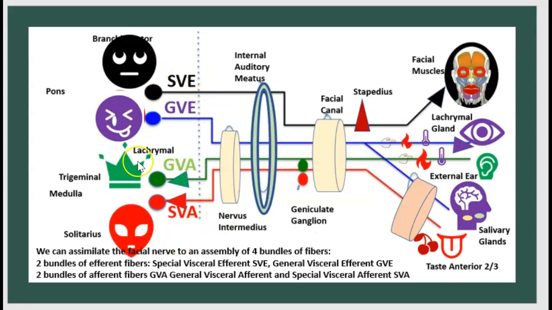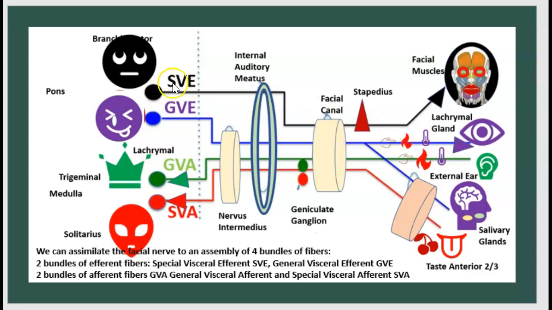There are 4 nuclei for facial nerve: the branchiomotor, the lacrimosalivatory nucleus, the trigeminal spinal nucleus, and the nucleus solitarius. 4 nuclei that connect viscera. There are efferent fibers and afferent fibers.